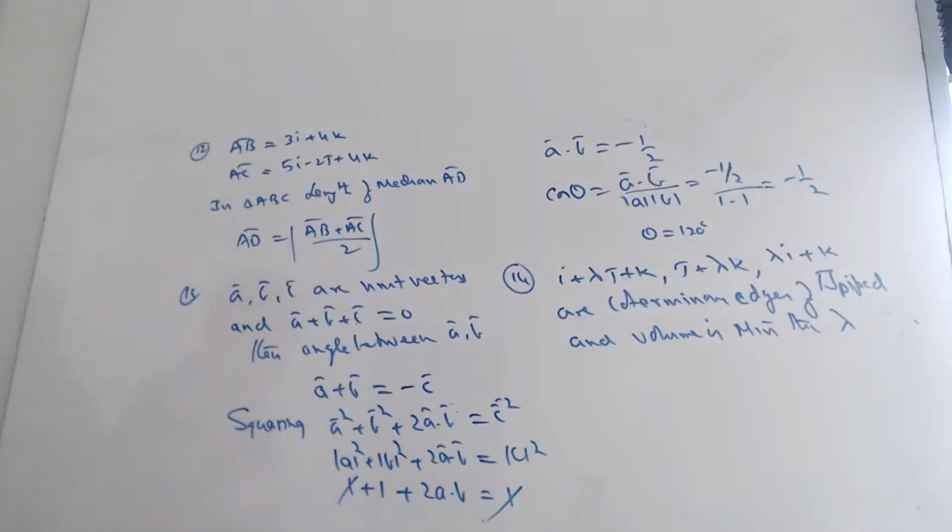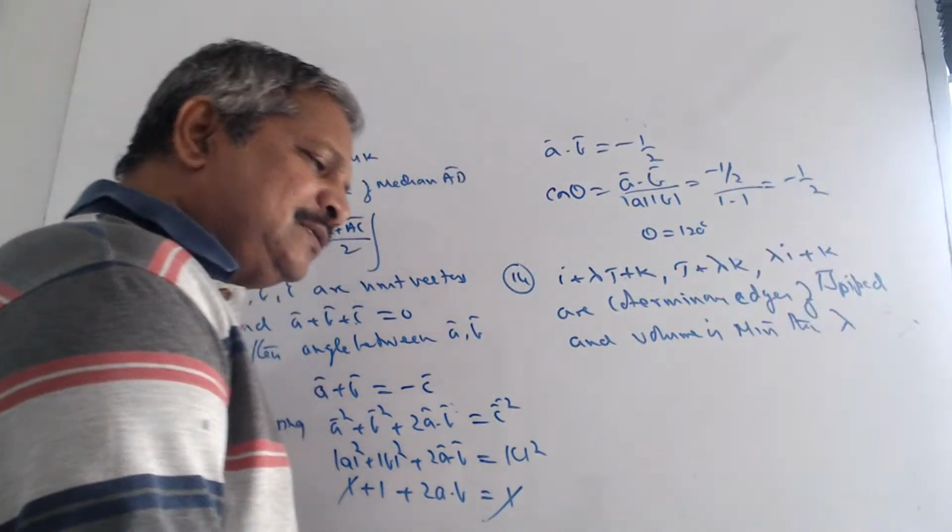So they are asking the volume of a parallelepiped formed by these coterminous edges is minimum.